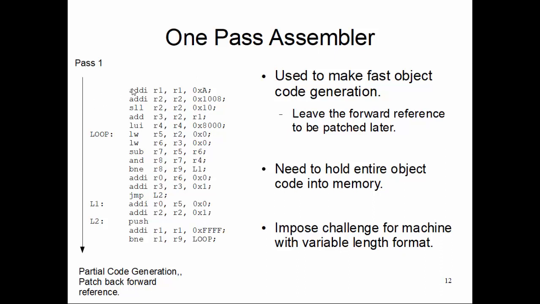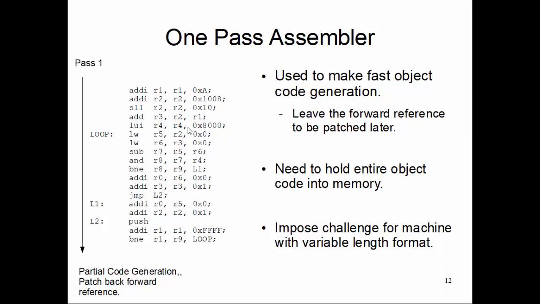Let's say we are generating machine code for the first instruction, second instruction, third instruction, fourth instruction, fifth instruction, sixth instruction, and so on. Unless an instruction is referring to a label, we don't need to consult the label address.